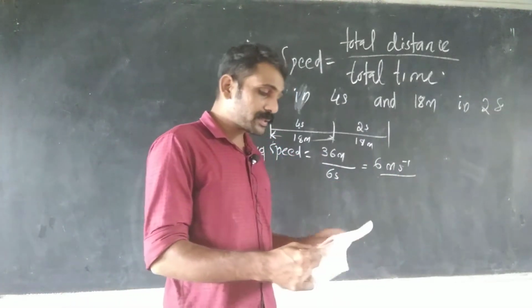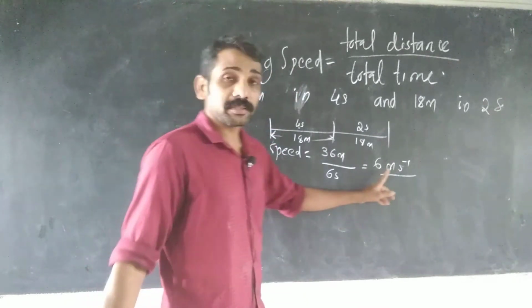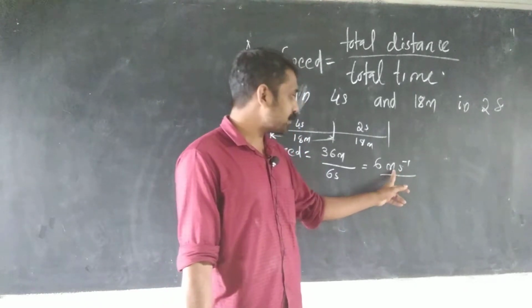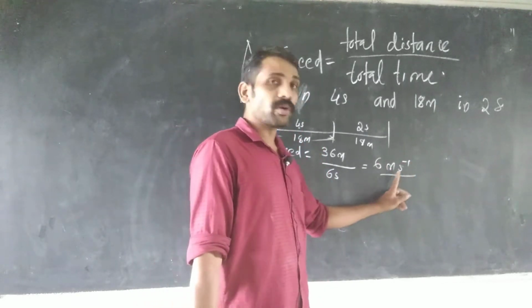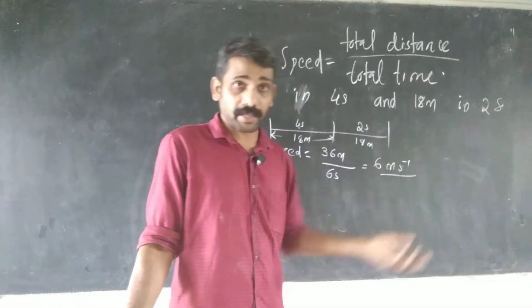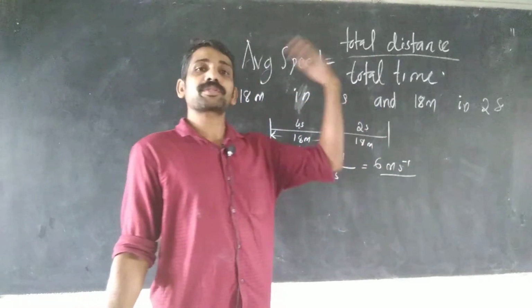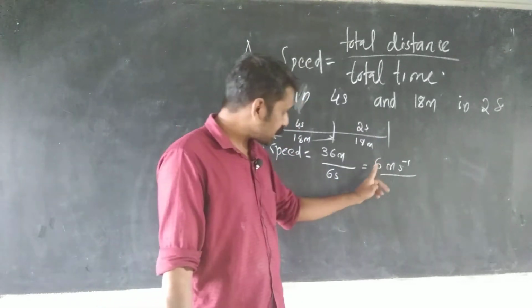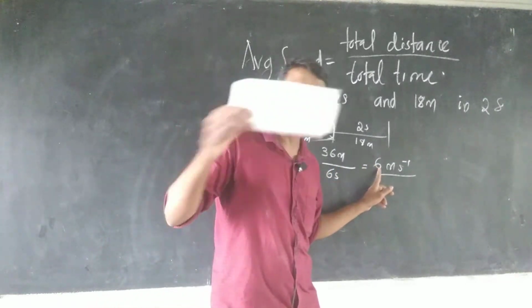Sometimes the object might not travel at 6 meter per second all the time. The object might travel faster or slower than this.